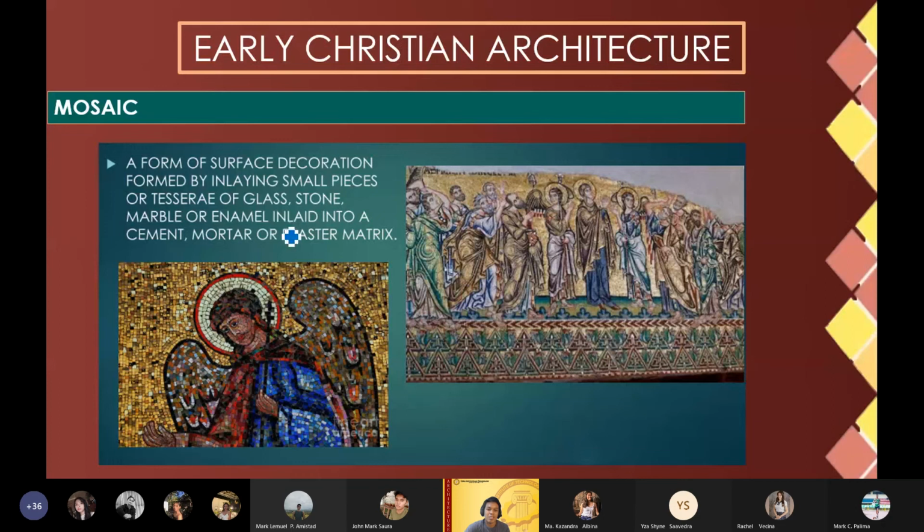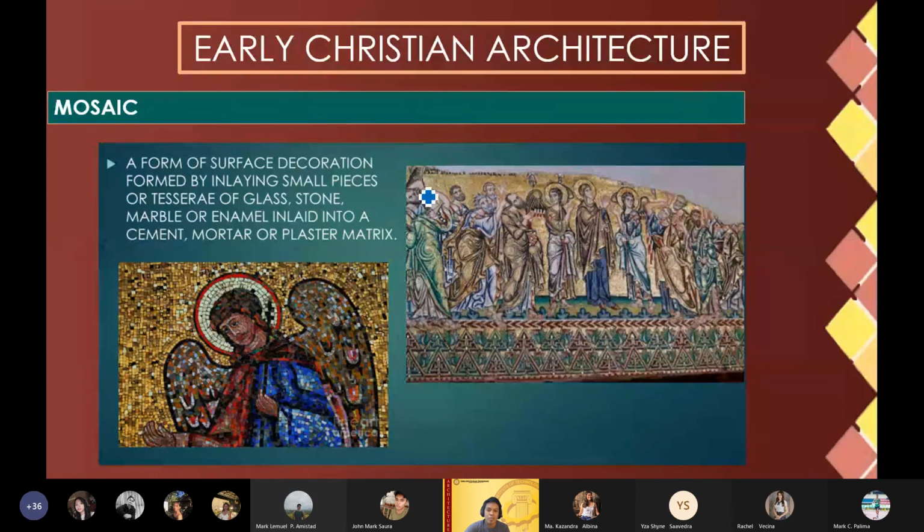Early Christian architecture used plaster because they used daghan kayong ornamentation such as mosaics, frescoes, paintings, murals in their interior. Dili lang makita ang bricks sa ilang interior. They covered it with plaster and painted art.